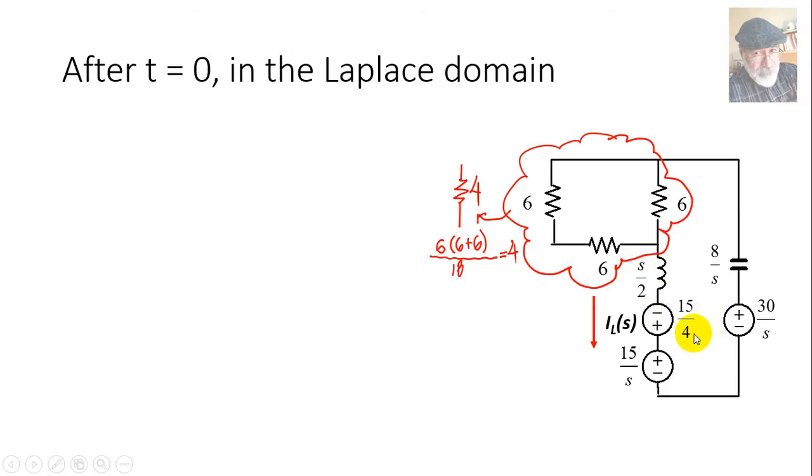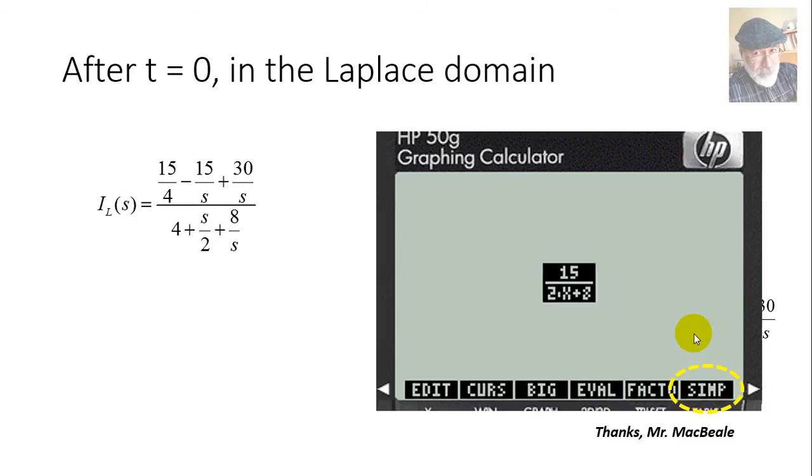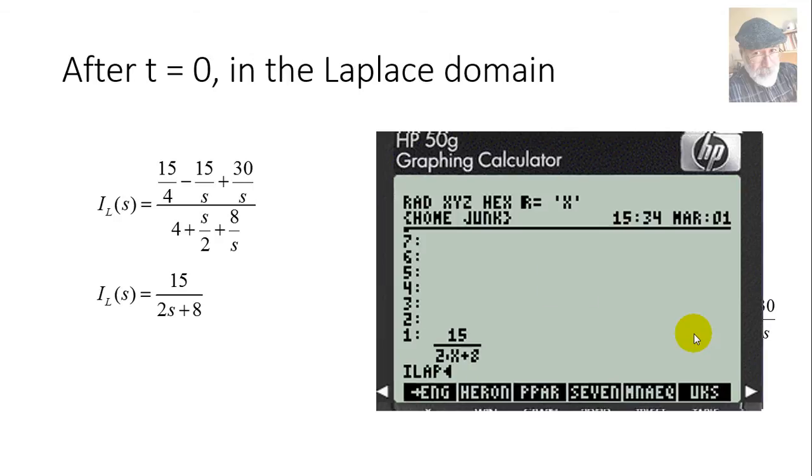Of course, the current we want to find is IL, the current in the inductor, as a function of s, the Laplace transform of the current in the inductor, and in that one loop circuit it is merely add the sources divided by the impedance, like so. I type that in the calculator and use the simplification button F6, thanks to Mr. MacBeal, and that is the Laplace transform of the current in the inductor, this one, an exponential in the time domain.